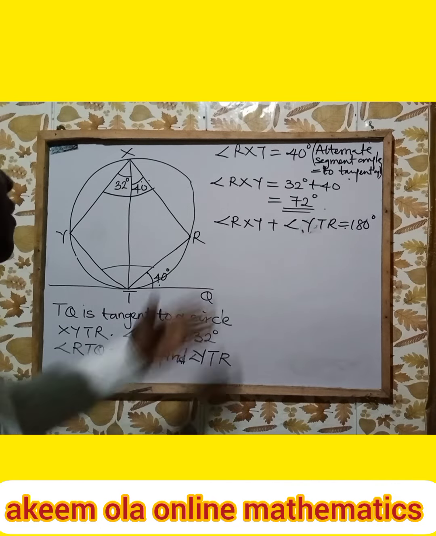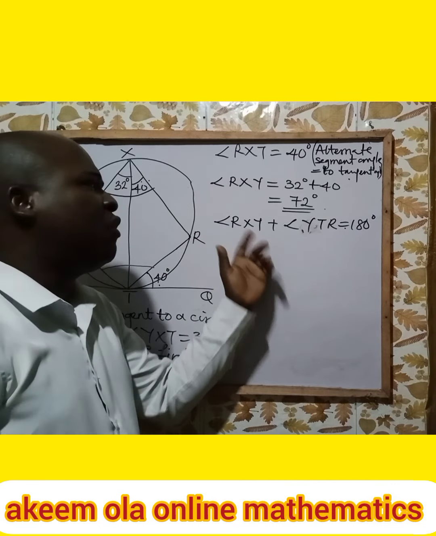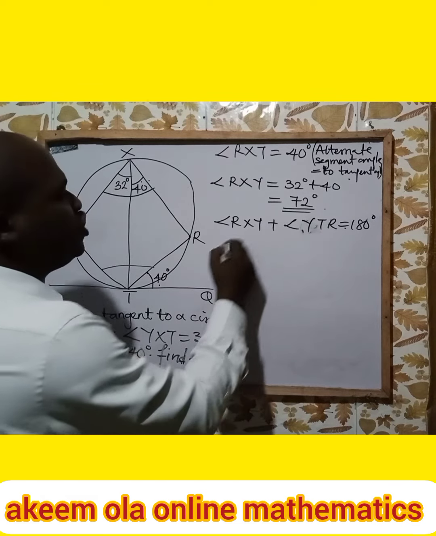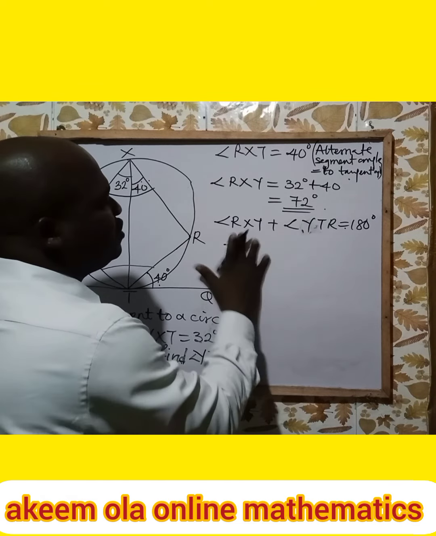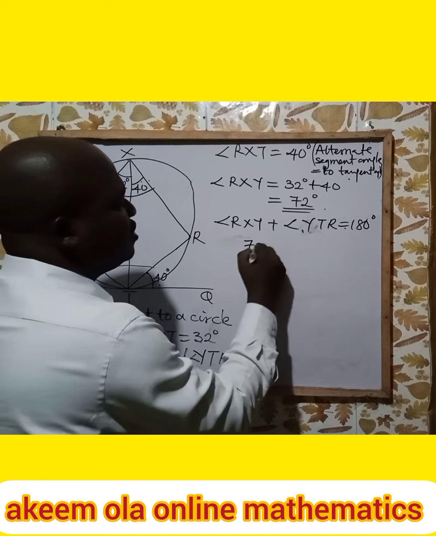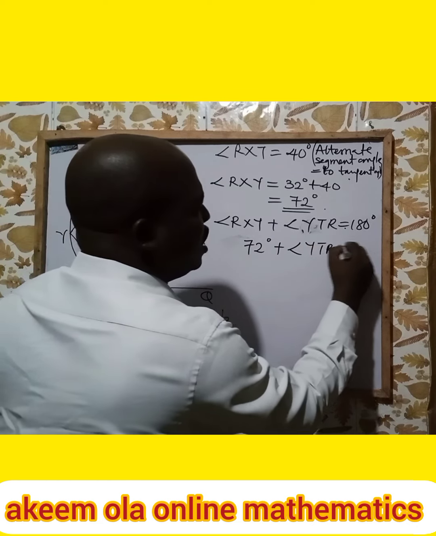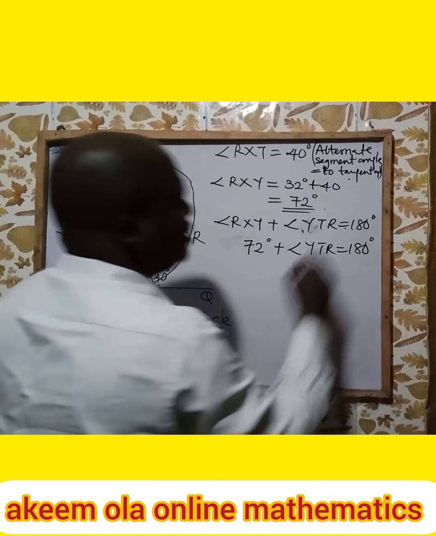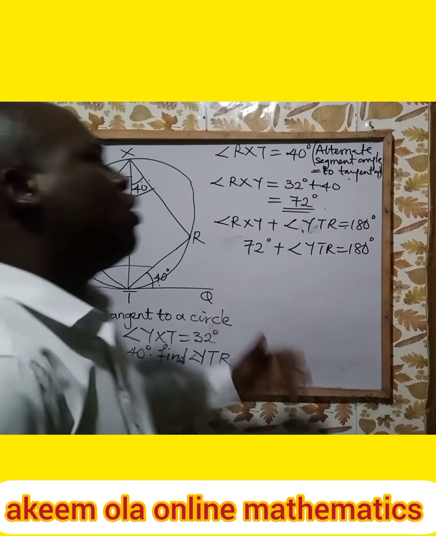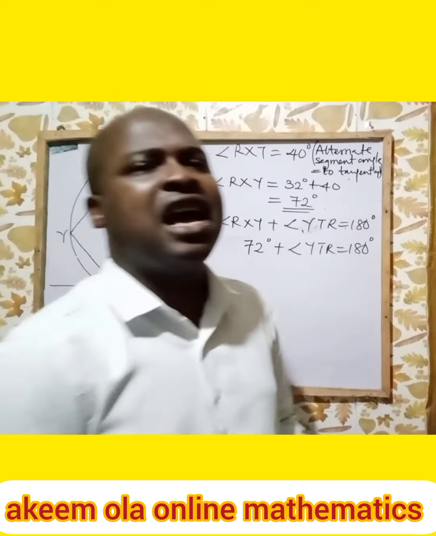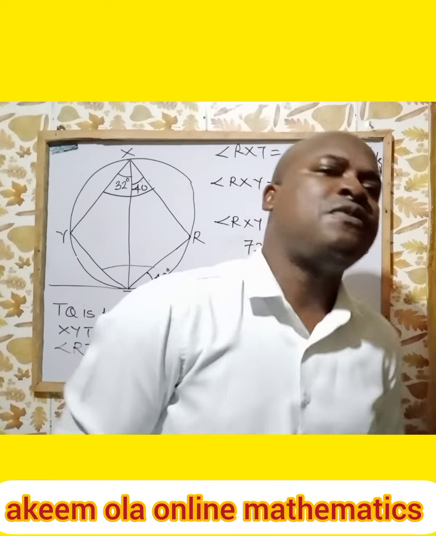Where do we go from here? We have gotten our angle RSY to be equal to 72 degrees. That is 72 degrees plus angle YTR, which we are looking for, equals 180 degrees. So from here, we can make angle YTR the subject of the formula.